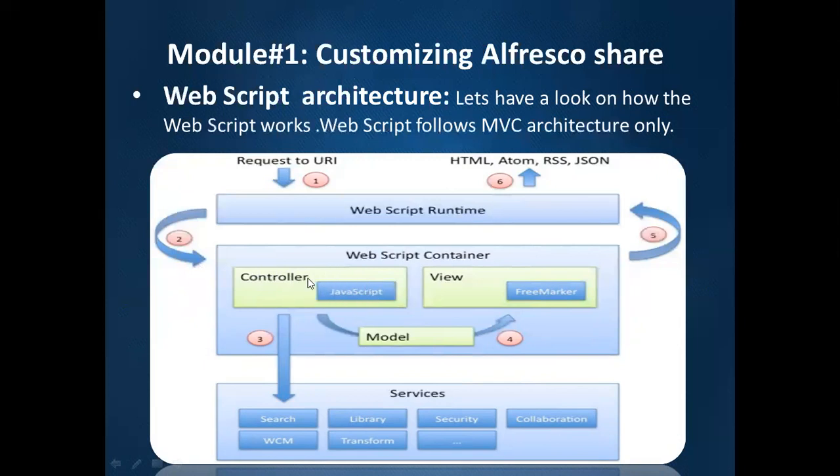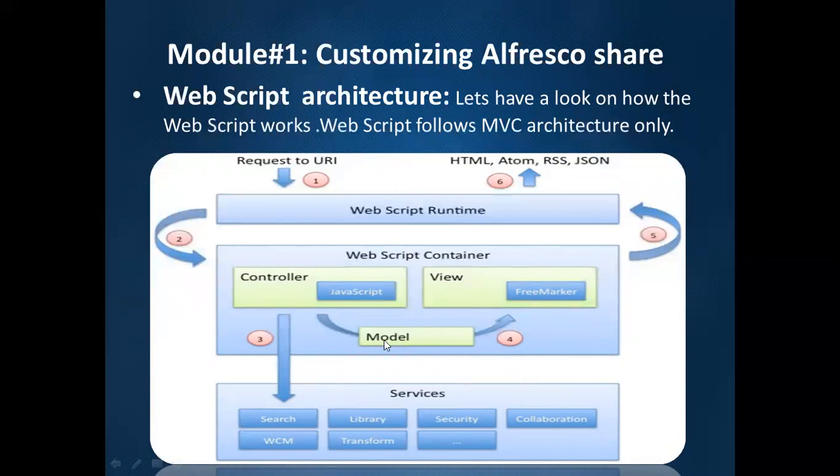Today we will learn how to use a controller using the JavaScript type, not a Java-backed web script. So the request comes to the controller. After that, the controller goes to the services, taking whichever services depend on the needs. After that, it goes to the model.